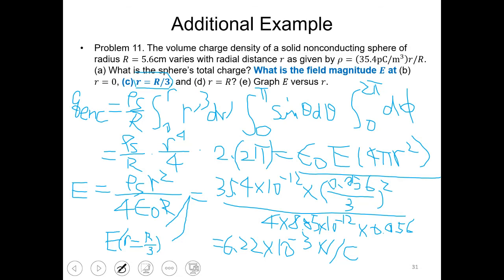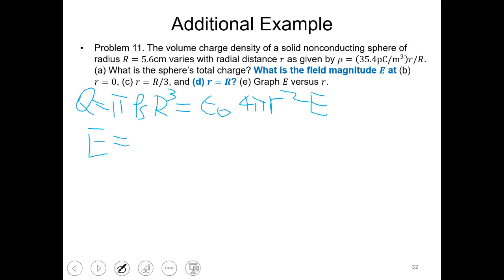In this case, r is smaller than R. For this one, when r is larger or equal to R, E will be rho s over 4 epsilon 0, capital R to the third power over r squared.